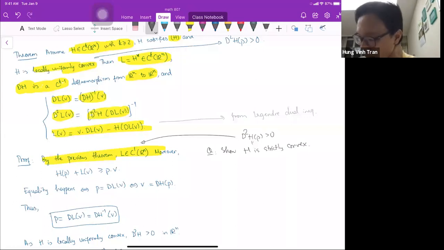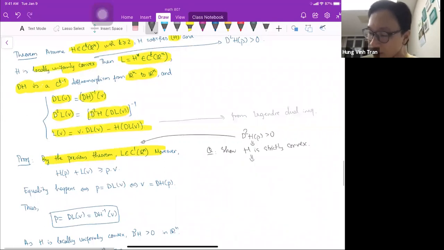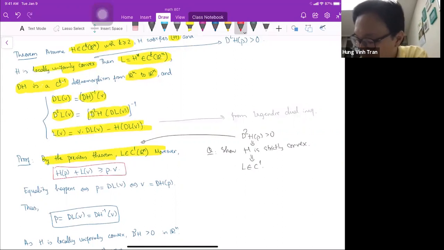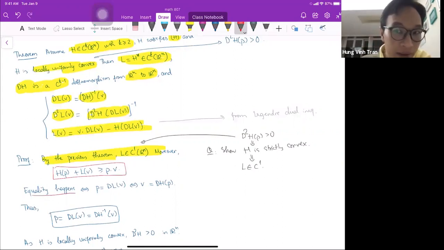So if it's locally uniformly convex, then H is strictly convex, and by the previous theorem, L is in C1. Why do I need L to be in C1 here? Well, because I want to use this dual inequality and see when equality happens.